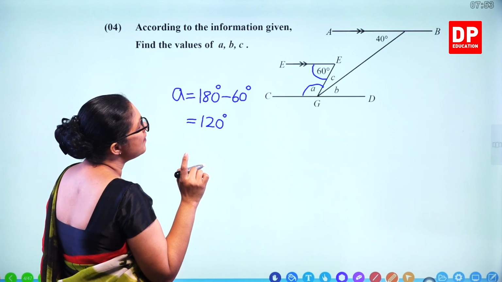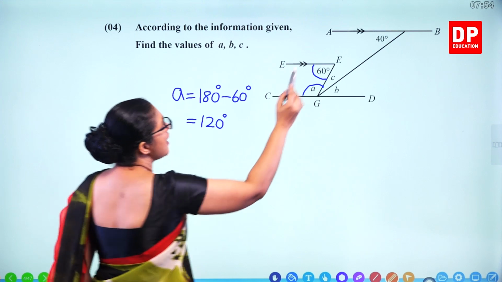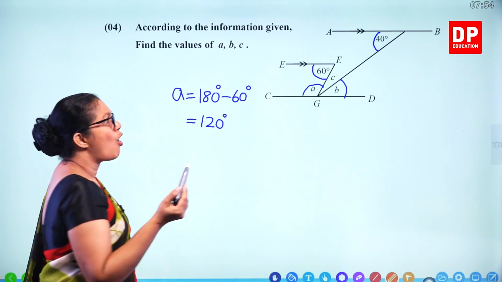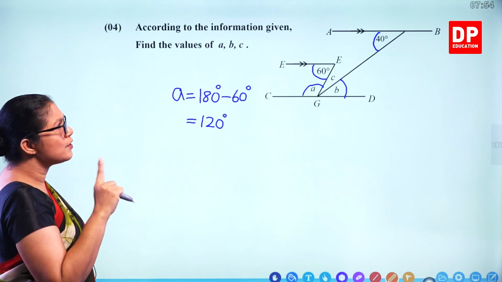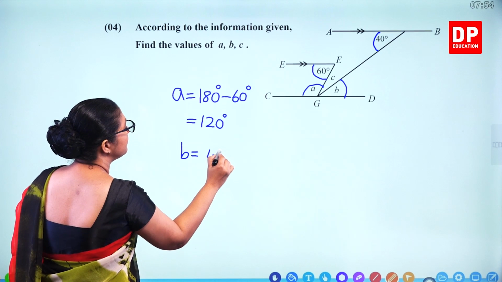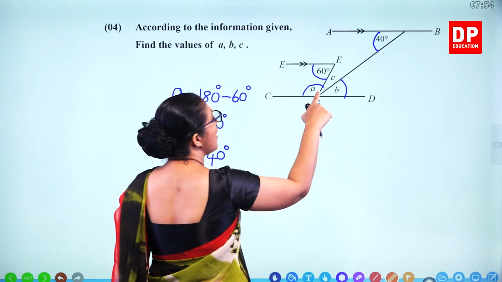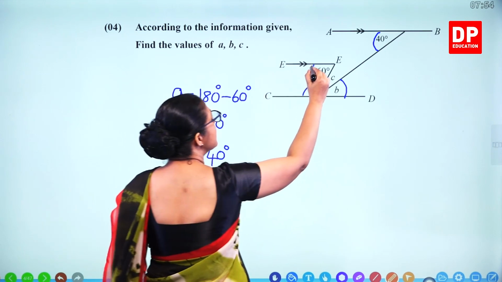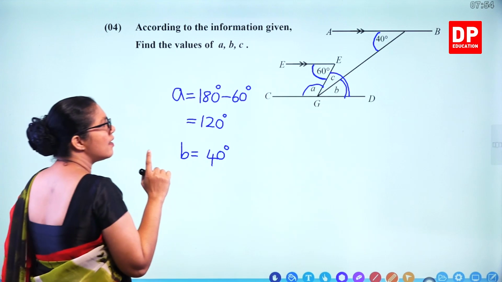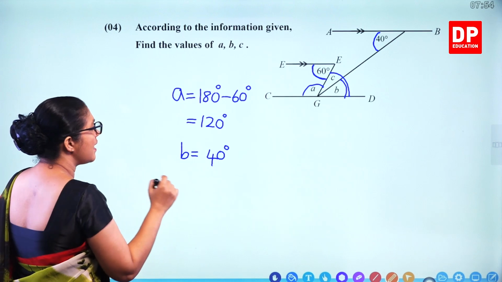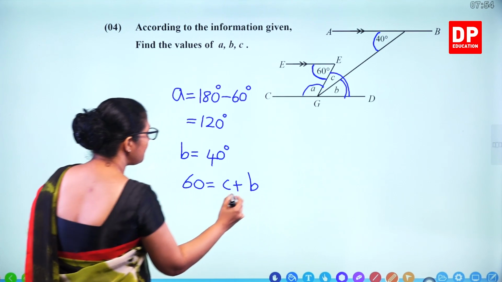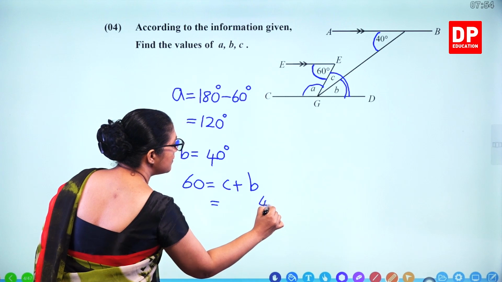So what about the other angle? Look at carefully. This angle and this angle. Alternate angles are equal when the two lines are parallel. So B equals 40. Now easily you can find out C. This angle is equal to this one. Again, alternate angles are equal. So 60 equals C plus B. B equals 40.